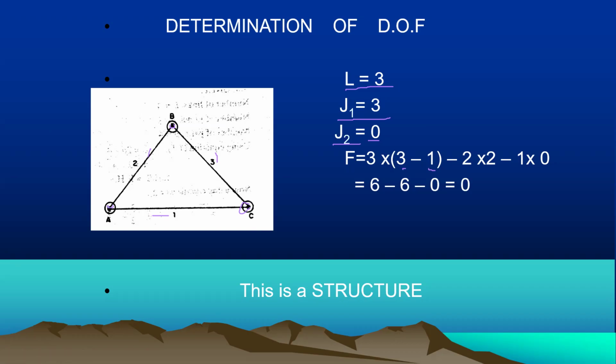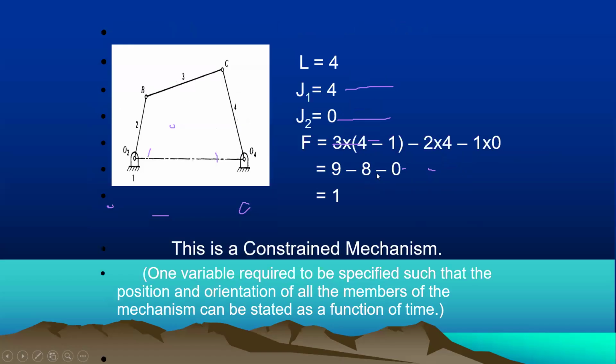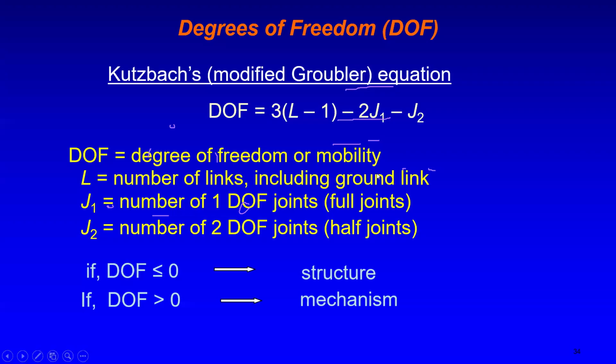J2 is 0. Why is the mistake there? Why is it the formula that I've used? It is 2J1 minus J2.